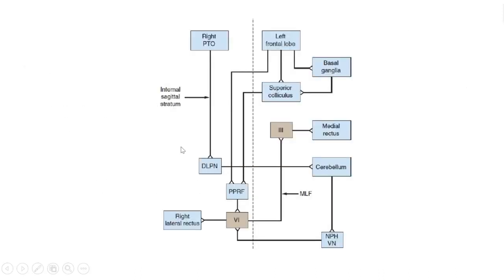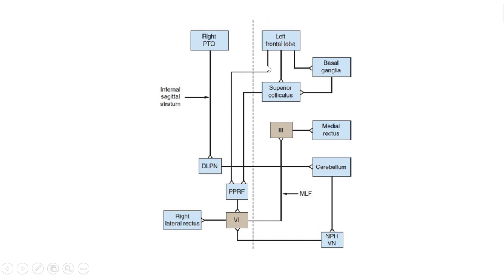Alright. Now this is a very important picture for supranuclear control of gaze, but we will just be speaking about a part of this picture right now, whatever we have understood till now. If we can see over here, this is the left frontal lobe which has the frontal eye field.